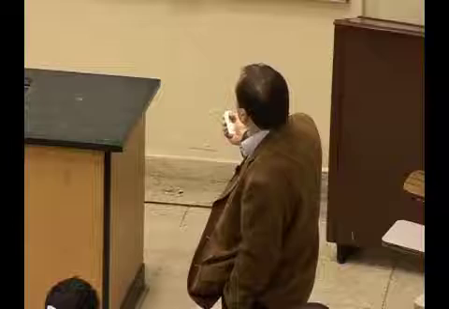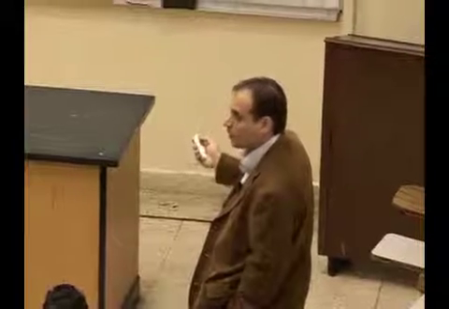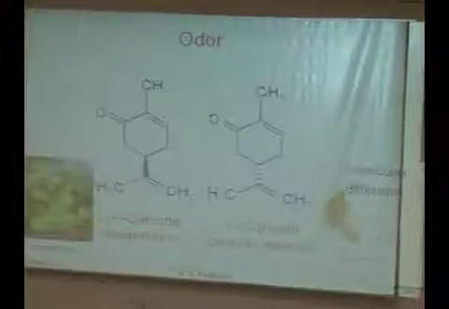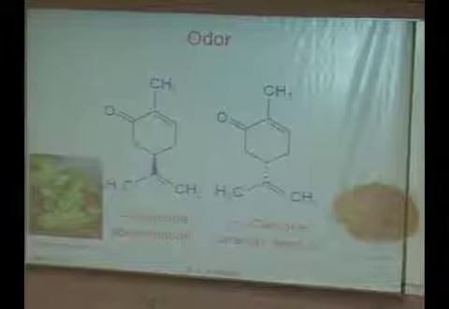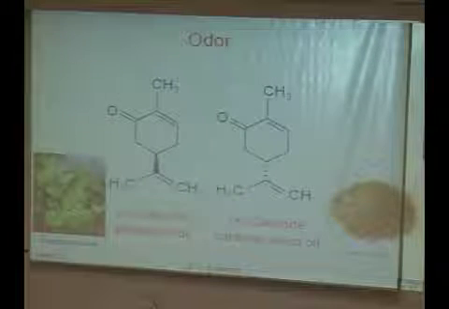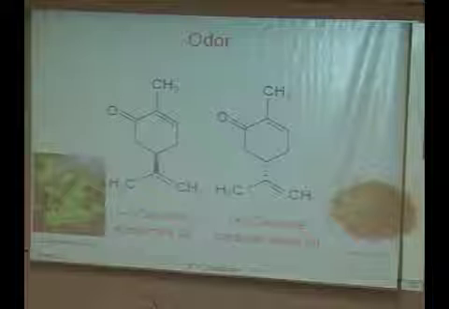So for instance, and before we go into an example, that means any activity that is biological or physiological will be different from one enantiomer to the other enantiomer. For instance, the odor, the smell of one enantiomer will be totally different from the second enantiomer.